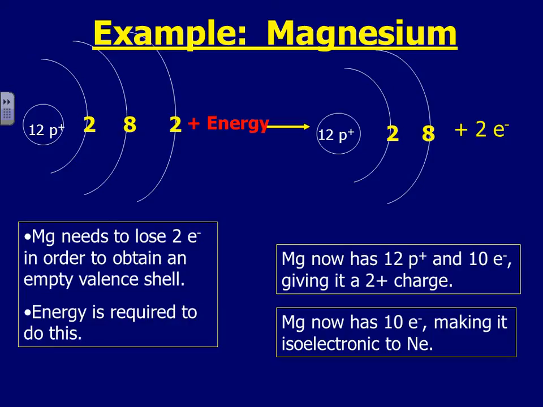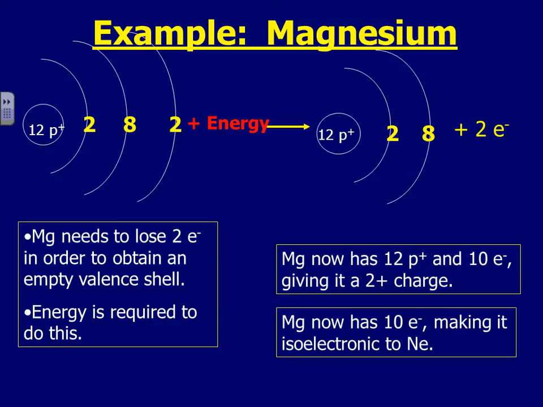We input some energy. The two outer electrons come off. So on our product side, you'll notice I still have 12 protons, 2, 8, and then the electrons that were removed. I have to still keep them in the equation to keep it balanced, because I've got to keep all the particles. I've got to make sure I can account for them. But we've removed 2 electrons from the magnesium. Magnesium needs to lose 2 electrons.